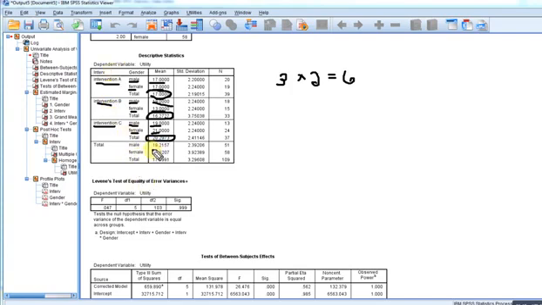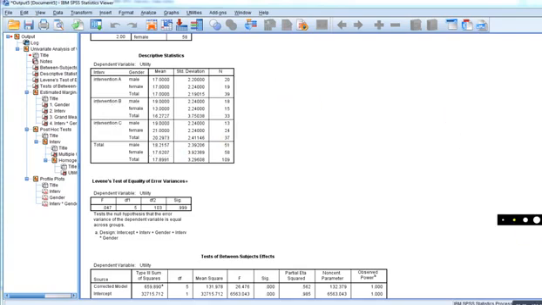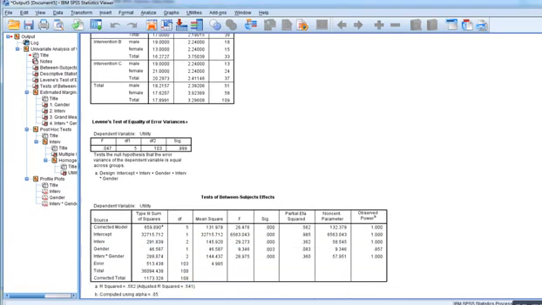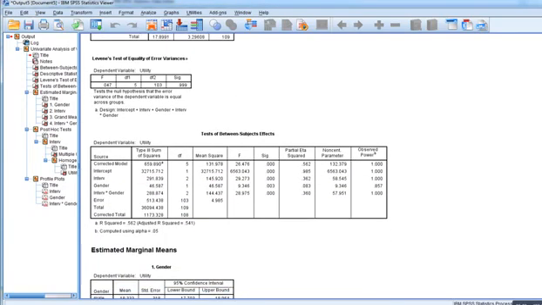So this is males' average perceived utility score as compared to females' average perceived utility score. Those are just some basic descriptives, and now we can start looking at test results, whether there are significant effects of the independent variables and the interaction effect.